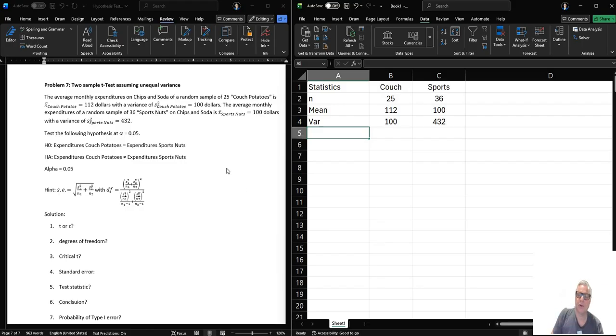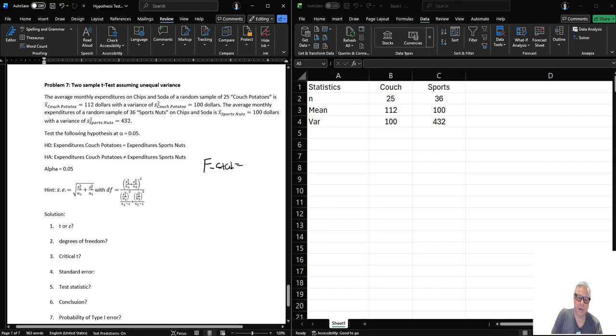But what we do is we typically calculate an F statistic, which consists of the larger variance, which is the 433. So the variance, whichever is larger, goes in the numerator. And we divide that over the variance of the smaller.